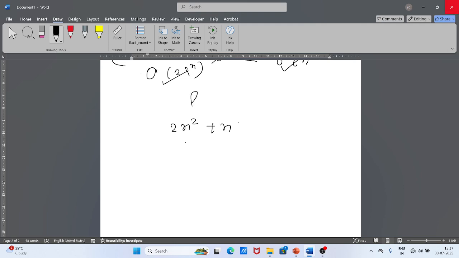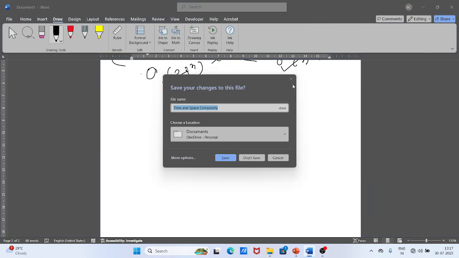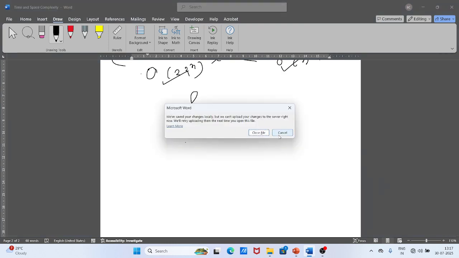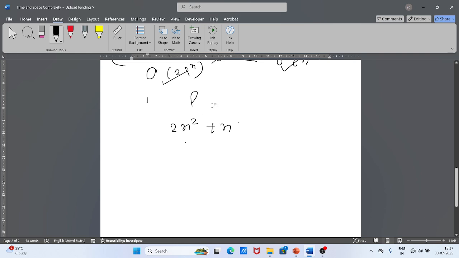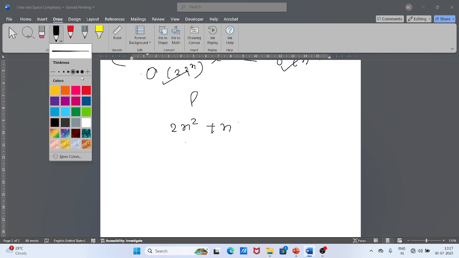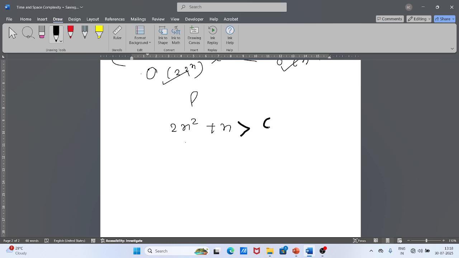We already know that f(n) is equal to big omega of g(n), so 2n square plus n is greater than or equal to c into g(n). We write 2n square plus n is greater than or equal to c into n square.